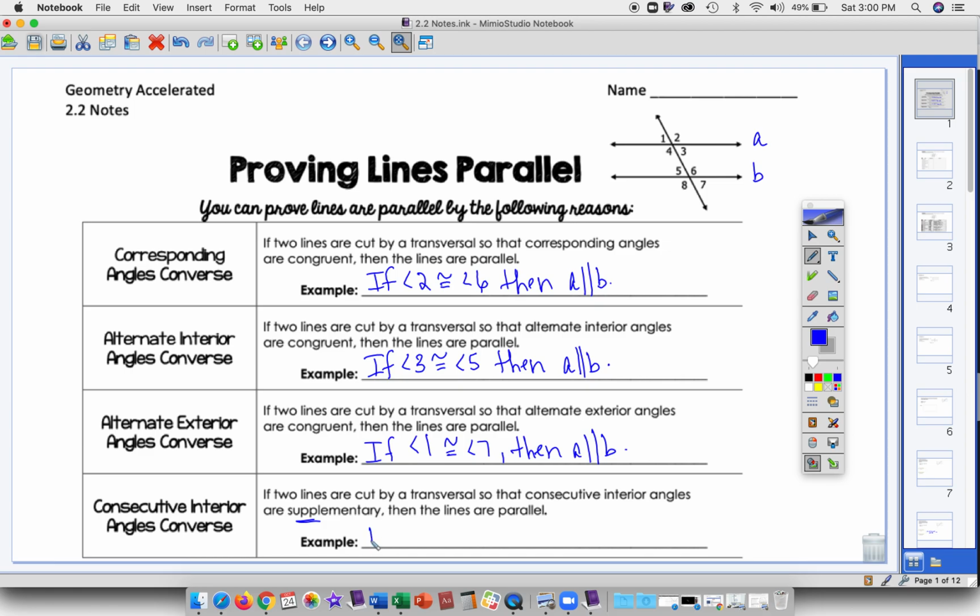If angle 4 and angle 5 are supplementary, I'm going to abbreviate, then A is parallel to B.